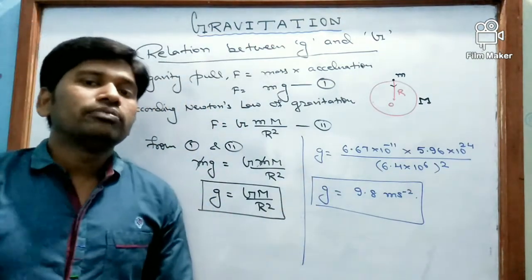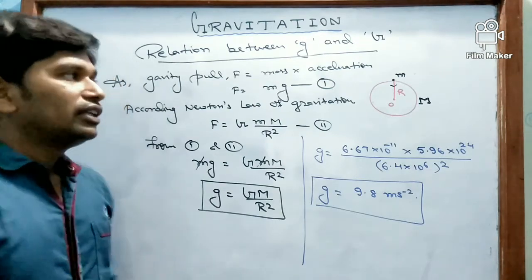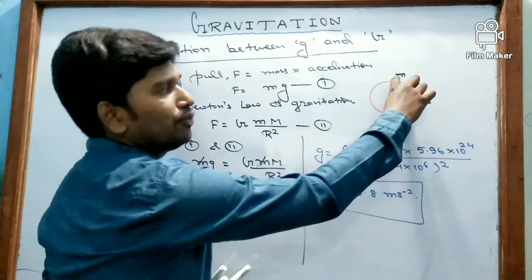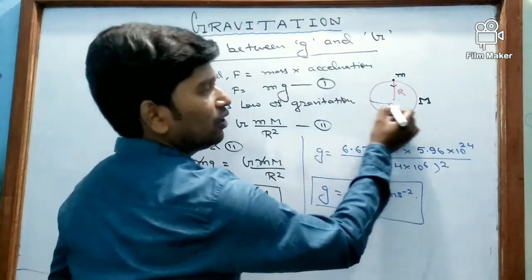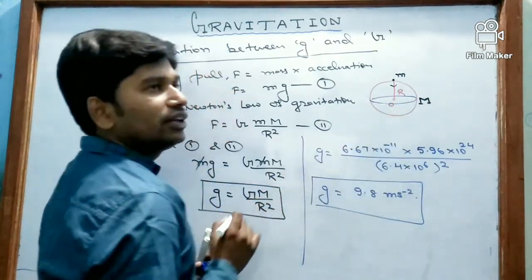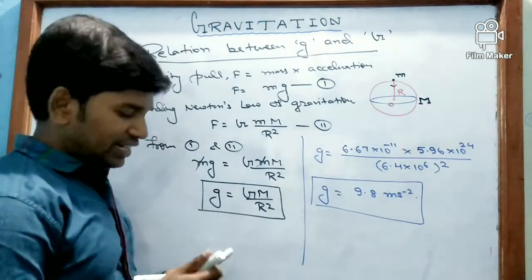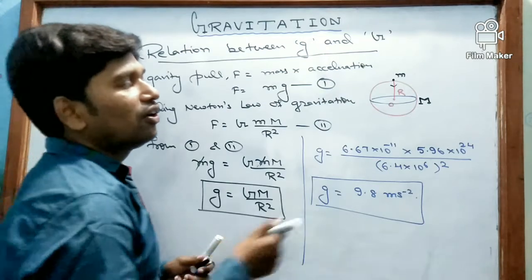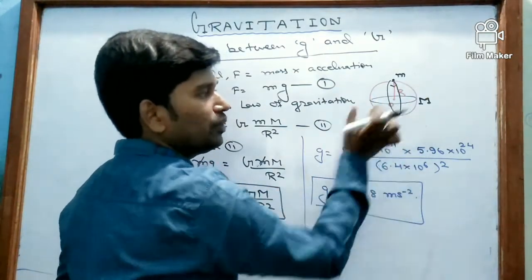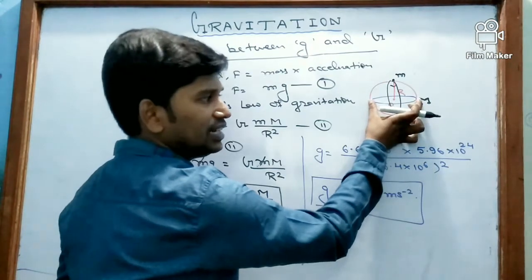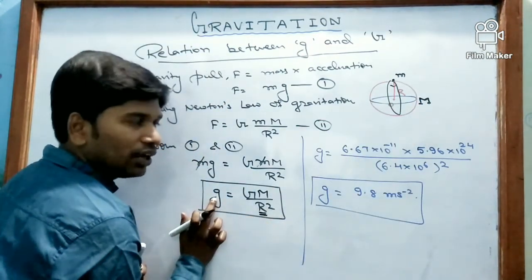As we know, Earth is not a perfect sphere. The radius varies from place to place. On the equator part, the radius is greater than the radius on the polar side. So if this radius is greater, meaning r is greater, g will be smaller.